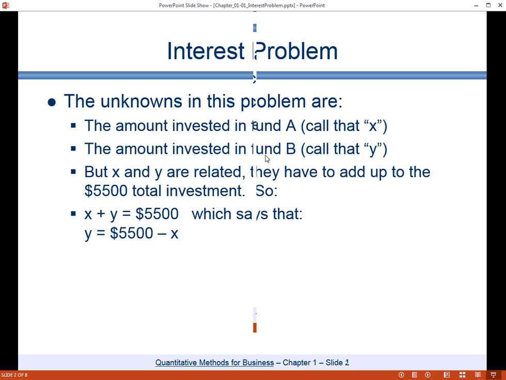in Fund B. And from the problem statement, we know that there's some relationship between X and Y. The total amount invested in Fund A and B is $5,500. So the X plus Y has to equal $5,500. That's how much the total investment was.